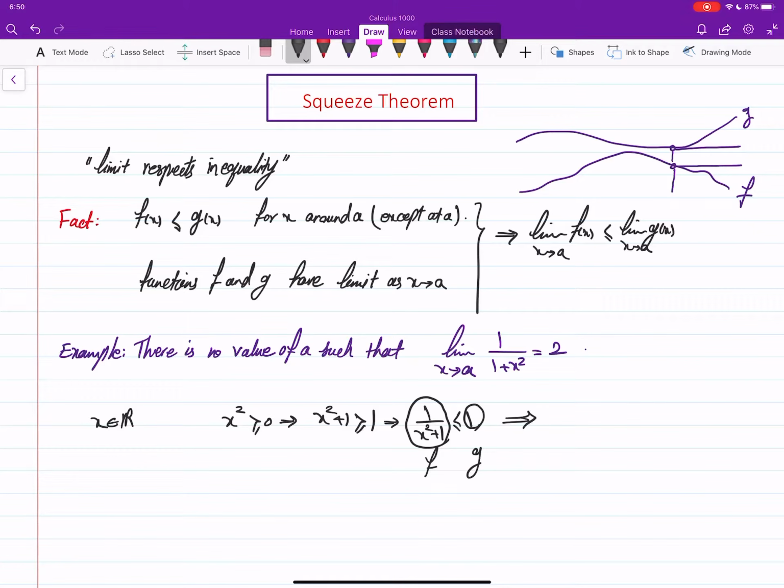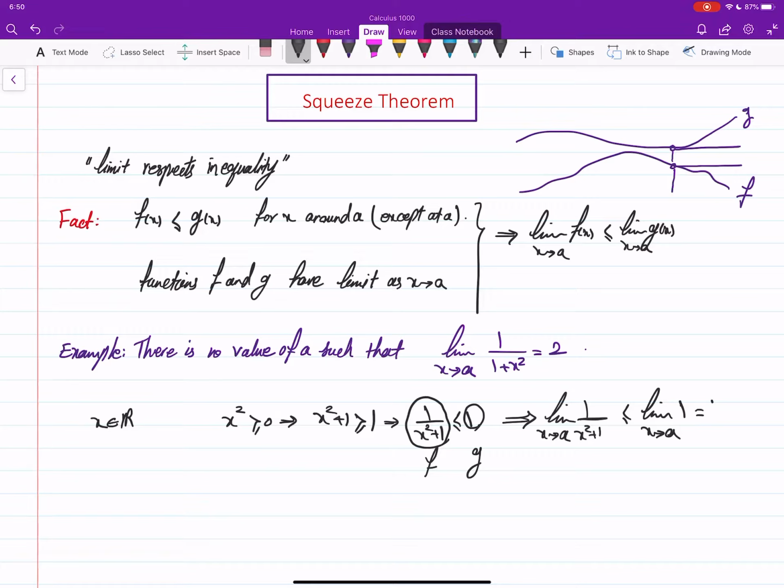As a result of the fact we just had up there, the limit of 1 over x squared plus 1 as x approaches a, for all a where the limit exists, just using the basic facts we know about the limit laws, is going to be less than or equal to the limit of the constant function 1 as x approaches a.